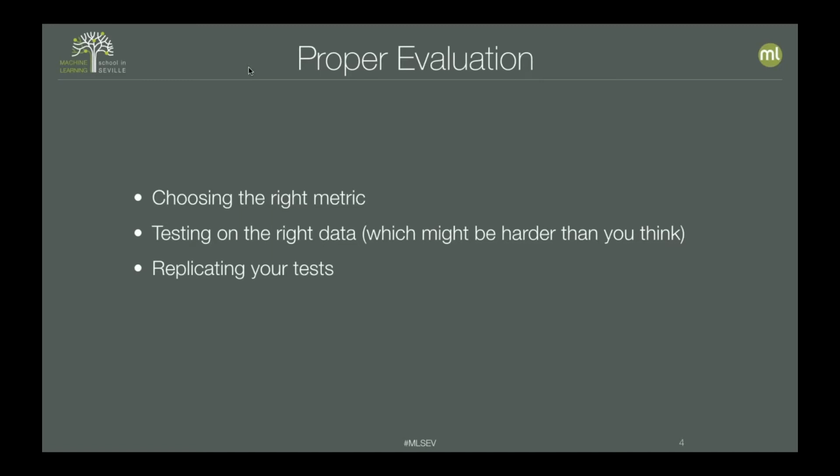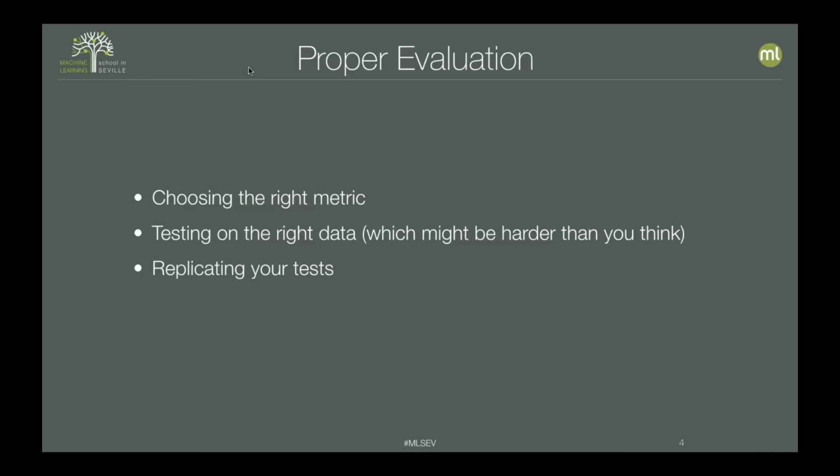So, proper evaluation. There are three bits that I like to think of about evaluating a model in the correct way. The first one is choosing the right metric. As Tom was talking about, if you don't choose the right thing to measure, you're not going to know how your model performs in a way that's meaningful to you. Second, you have to test on the correct data, which might be harder than you'd think.